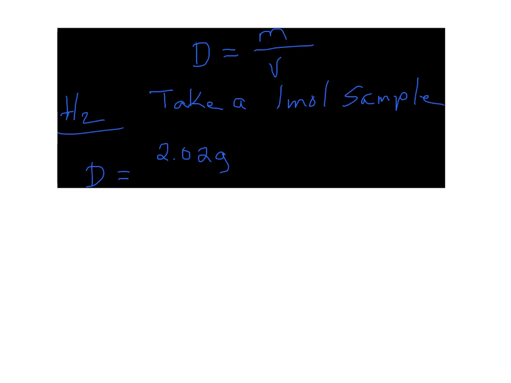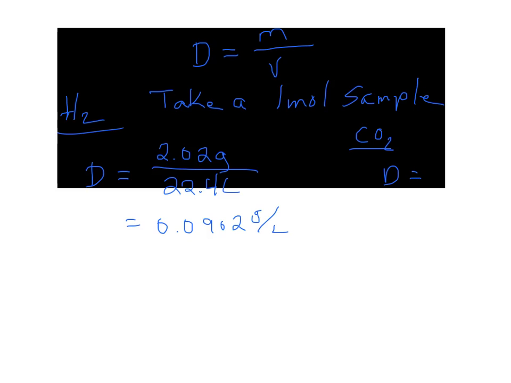Now if I have 1 mole of gas at STP, then I know the molar volume is going to be 22.4 liters. So the density of hydrogen gas at STP is going to be 0.0902 grams per liter.